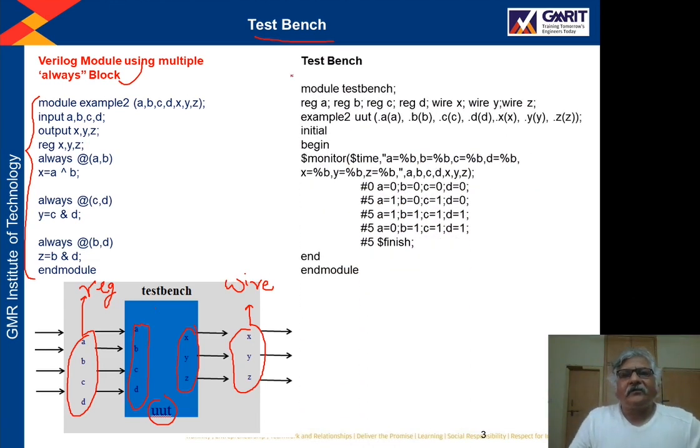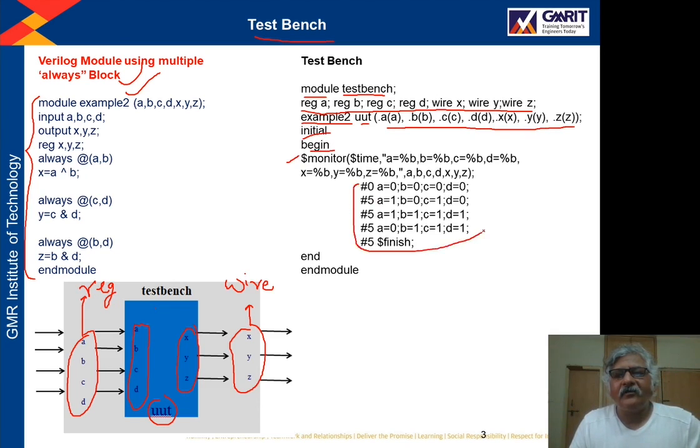And this is the test bench, right? The module name of the test bench is testbench, reg A, reg B, reg C, reg D, wire X, wire Y, wire Z. Example 2 is the name of our unit under test, then UUT, and here is the instantiation of the various ports. Then initial, begin, $monitor, and these are the values, right?